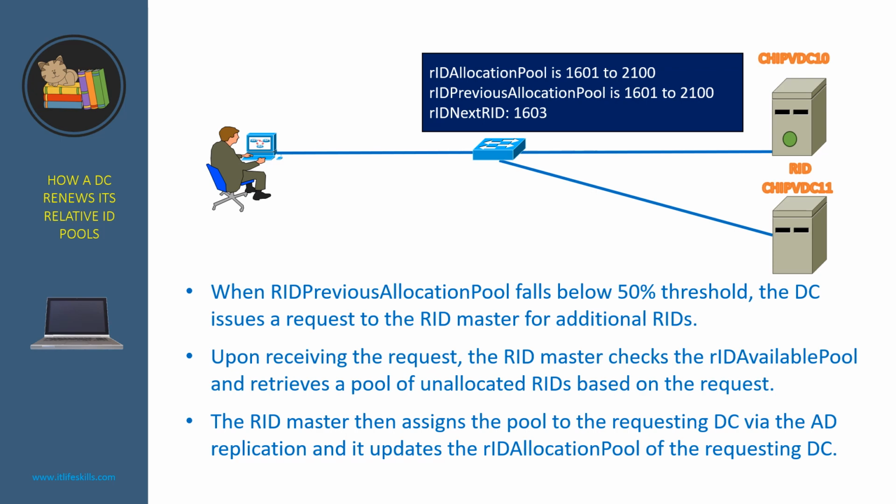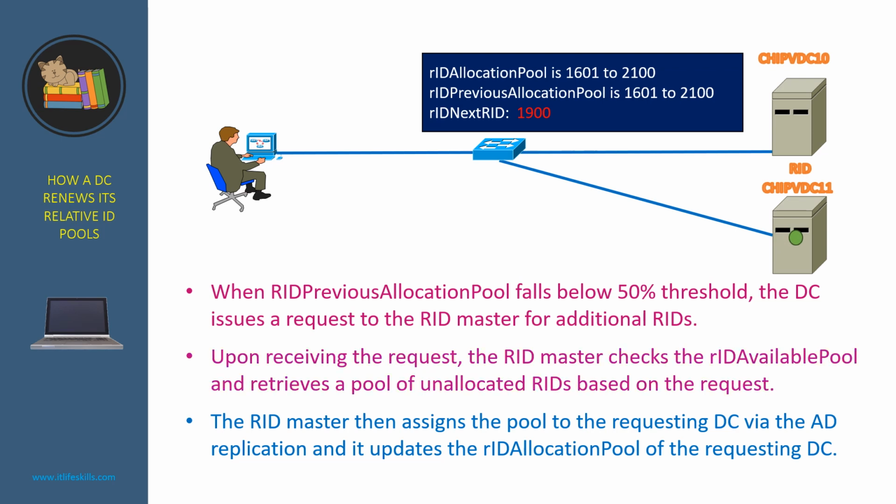Here is how a DC renews its relative ID pools. When the RID previous allocation pool falls below the 50% threshold, for example, the RID next RID now is 1900, the DC issues a request to the relative ID master for additional relative IDs.